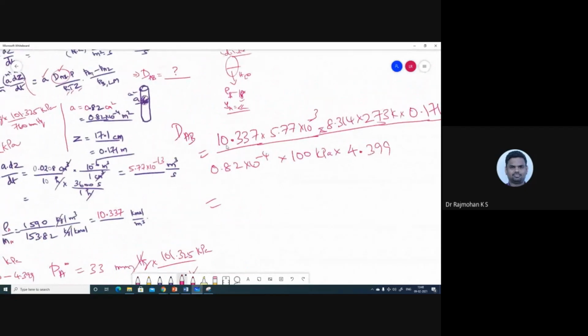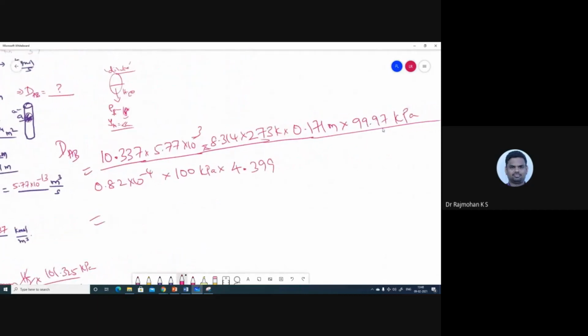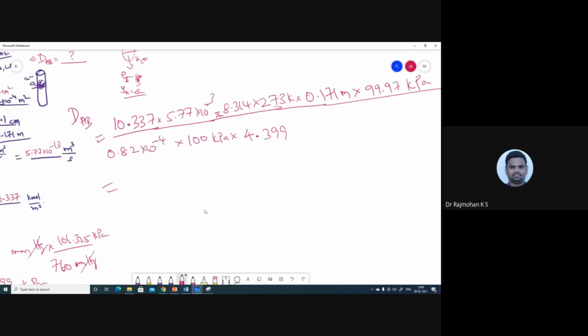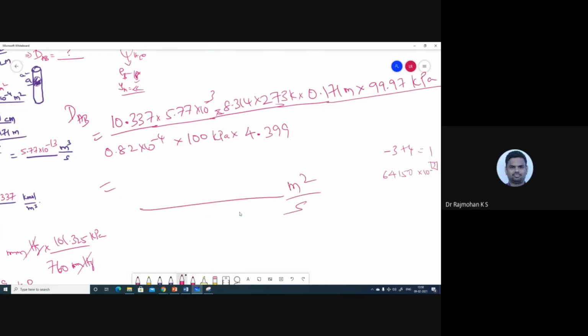Okay, then PB mean here is in the denominator. If it goes to the left hand side, it will become numerator. So we have that, 99.7797 kilopascal. So simplifying, we get the DAB value in meter square per second. Some mistake we have made in writing the terms. Maybe here minus 13 is there, which I wrote as 3.